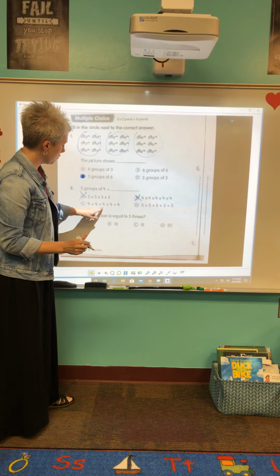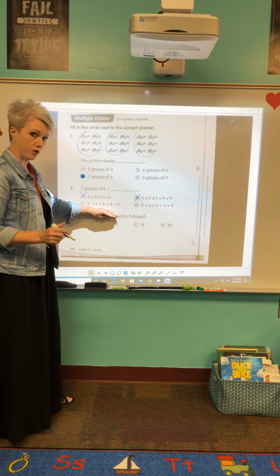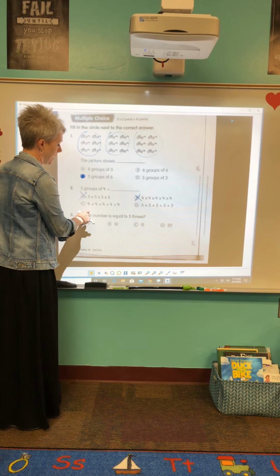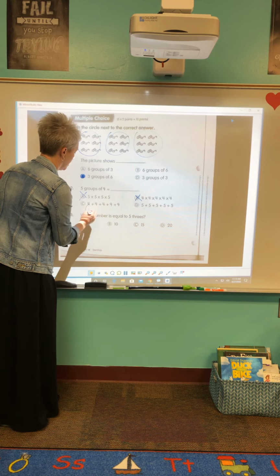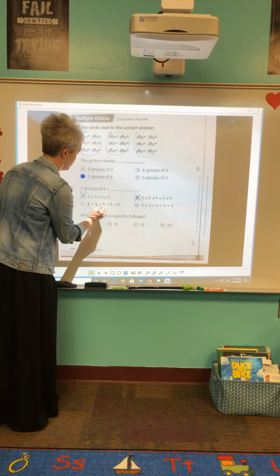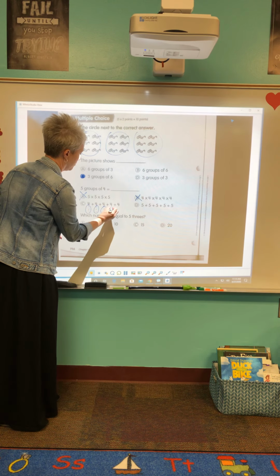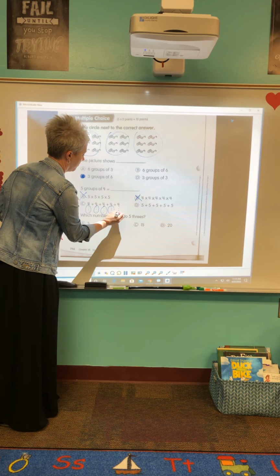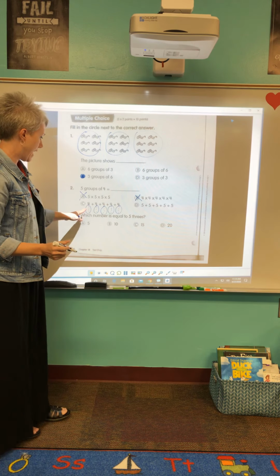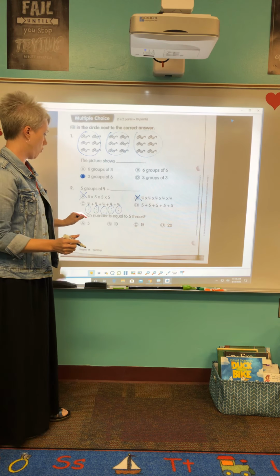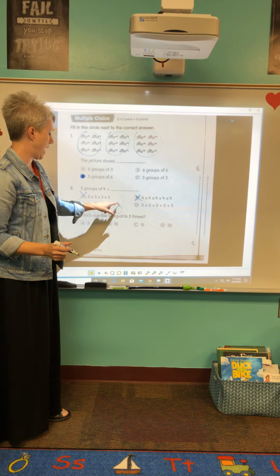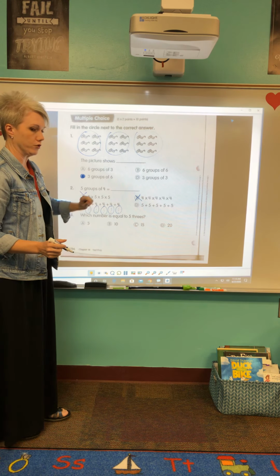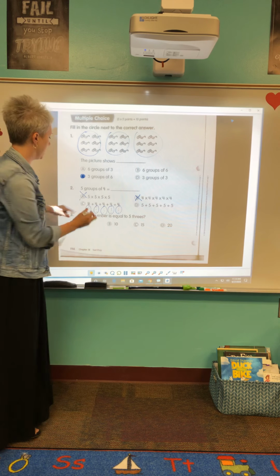So I have 5 4s, and if I were to put counters under each 4, there's a group, there's a group, there's a group, there's a group, there's a group. I would have 5 groups of 4. That's adding 4 5 times. 1, 2, 3, 4, 5, and I have 4 in each group. 5 groups of 4 is C.